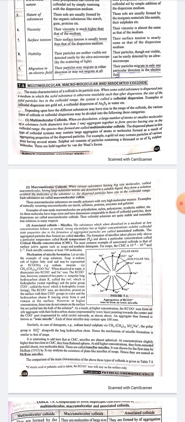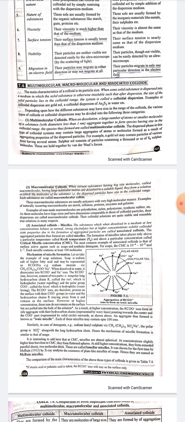The aggregated particles thus formed are called micelles. The formation of micelles takes place only above a particular temperature called Kraft temperature (TK) and above a particular concentration called critical micelle concentration (CMC).